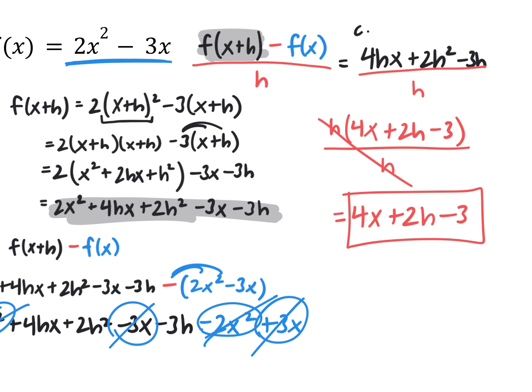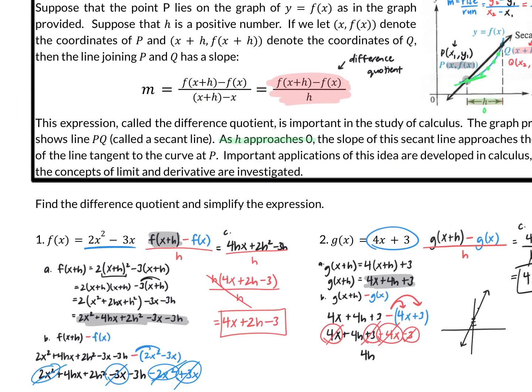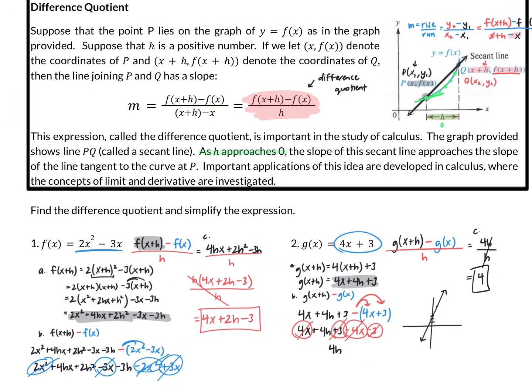Now, that's kind of as far as pre-calc takes it. However, I will give you a bonus point if you take it one step further and actually evaluate it, kind of the calculus portion, okay? If you go back to this piece up here, it says we're looking at when h is approaching 0. So let's say h is getting really, really close to 0. Let's just call it 0.